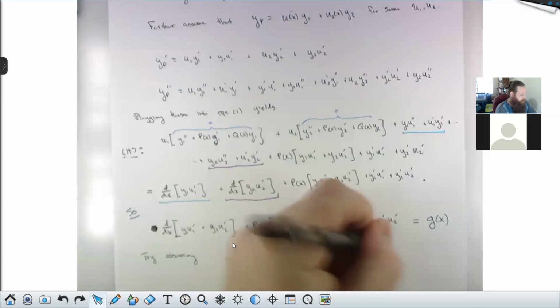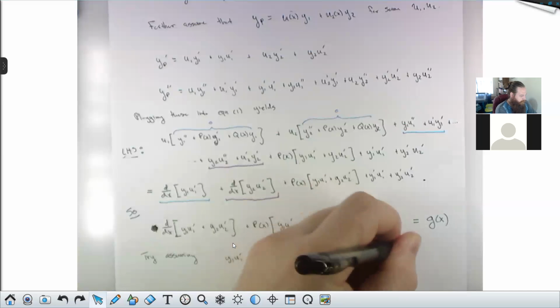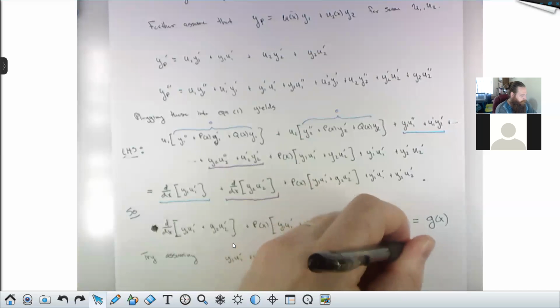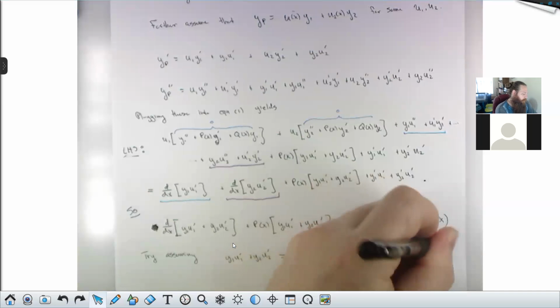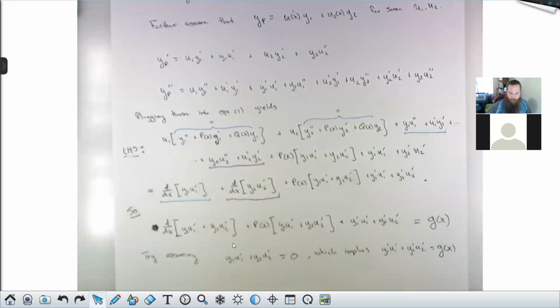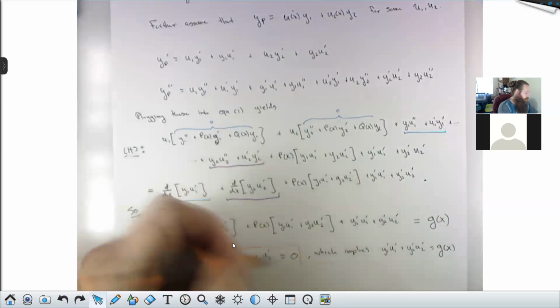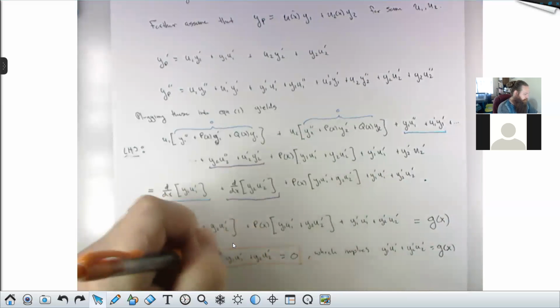So the only thing that's left is y1 prime u1 prime plus y2 prime u2 prime equals your input g of x. And these two equations together are what we're going to build our linear system out of.